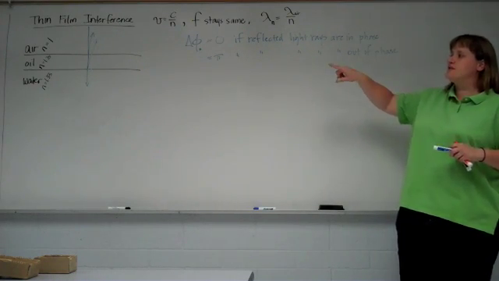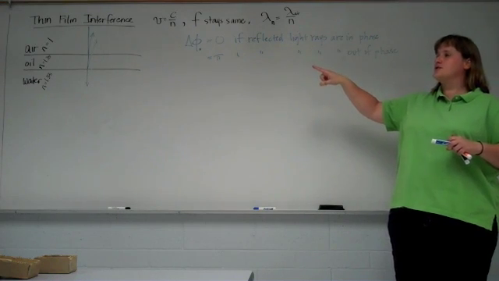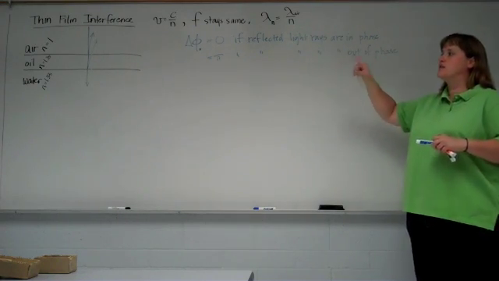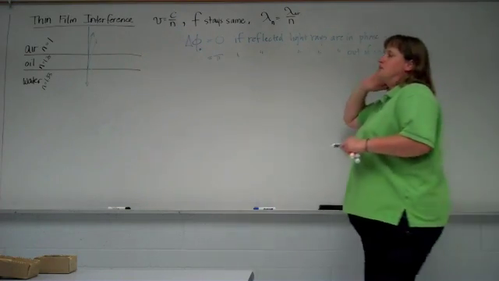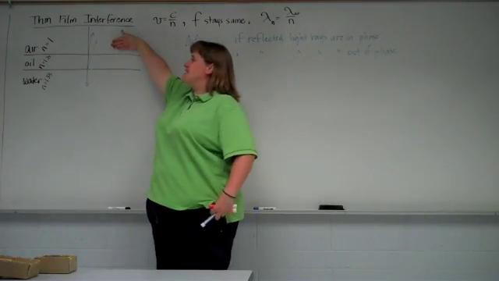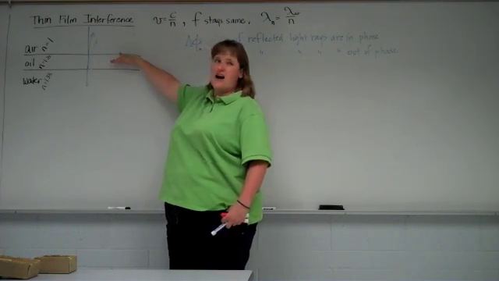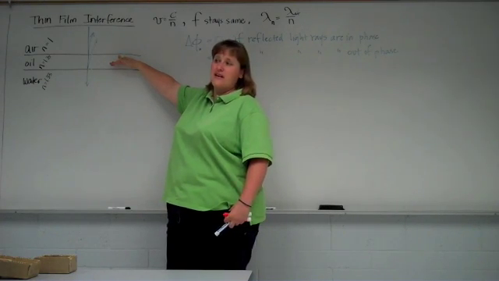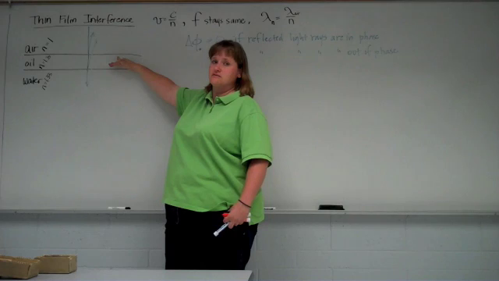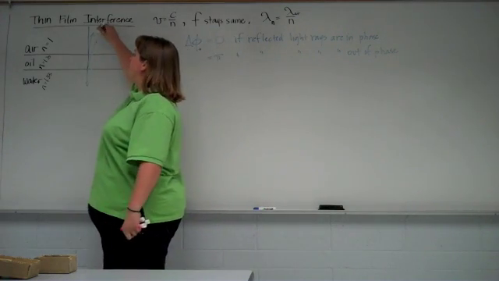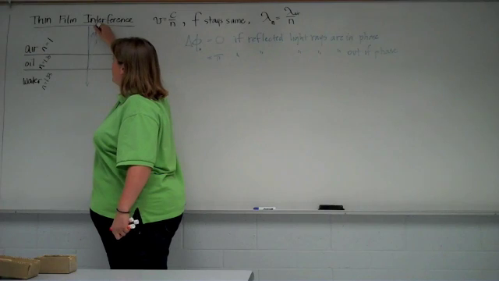So the concept of a rigid boundary versus a loose boundary here with our reflected light rays: basically, if the light is in a lower index of refraction and reflecting off a higher index of refraction, that constitutes a rigid boundary. So this top light ray had a phase change.